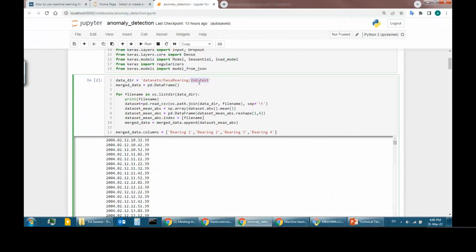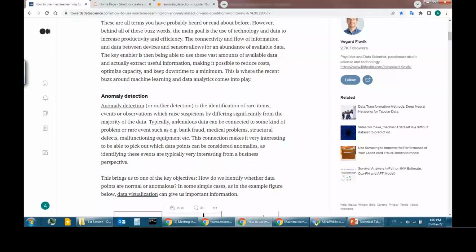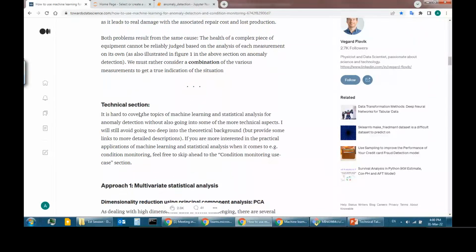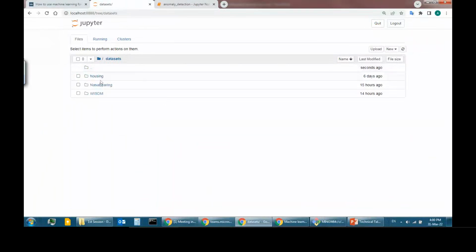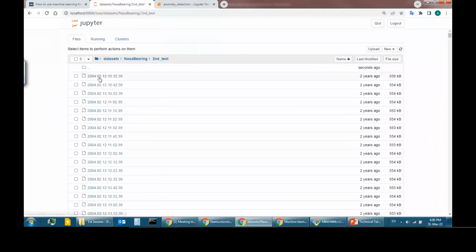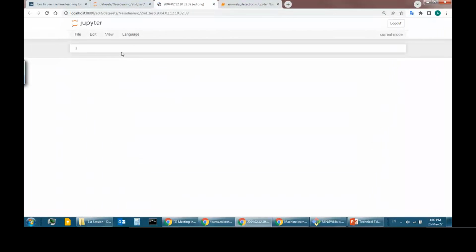The data is all the collected data points. In this case, this tutorial is referring to a specific data set provided by NASA. And this data set looks like a lot of files, and each file includes a lot of readings.